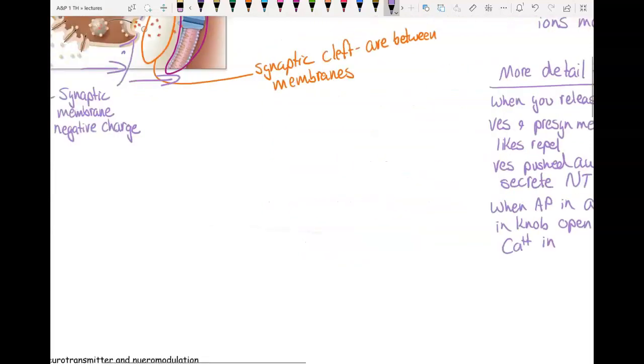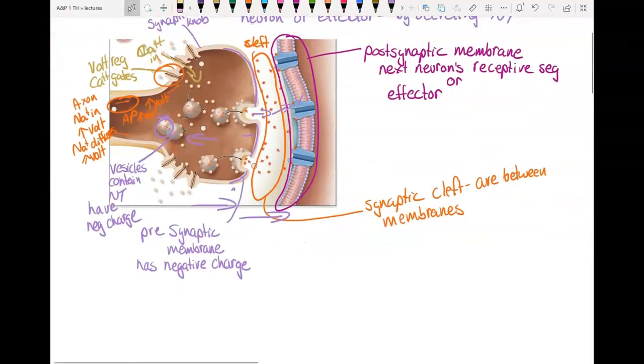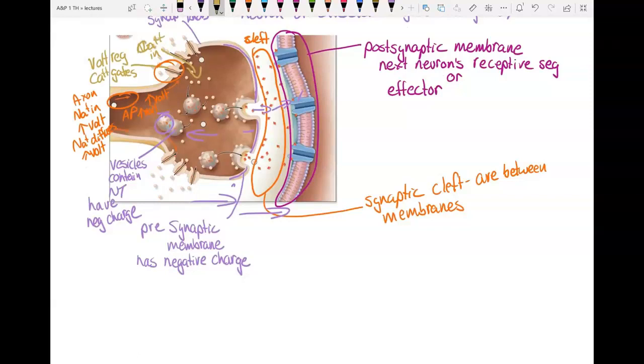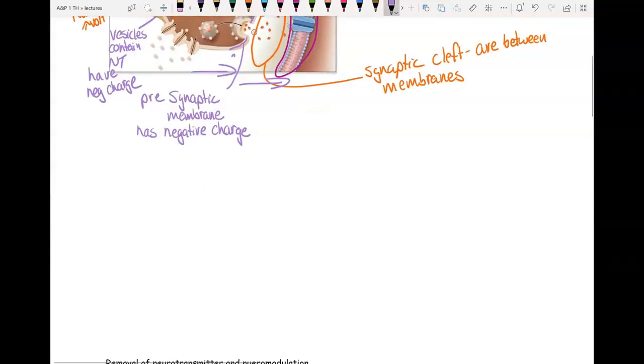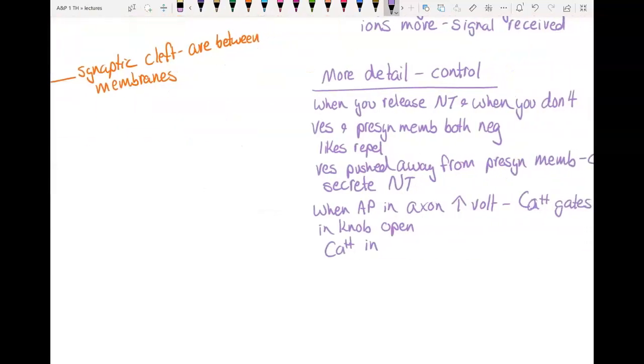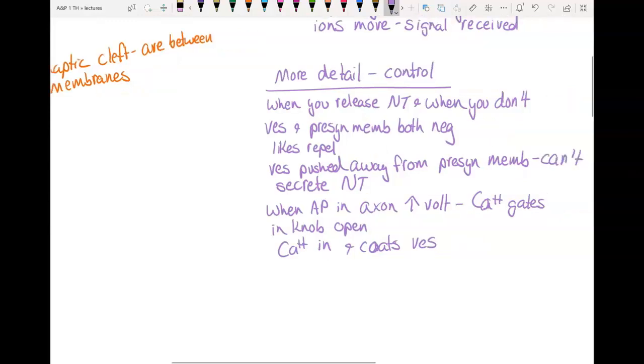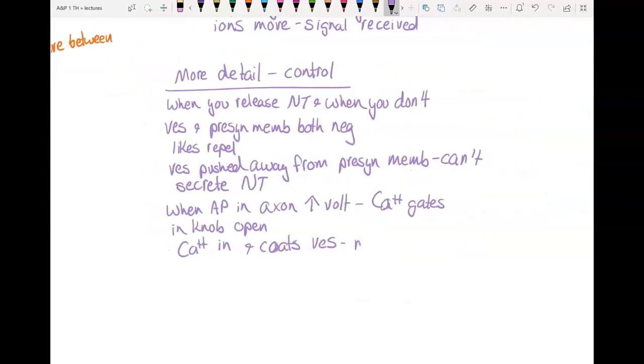And when calcium comes in, it coats those vesicles. So here you can see a vesicle coated in calcium. Calcium has a positive charge, so when it coats the vesicle, it makes it positive.